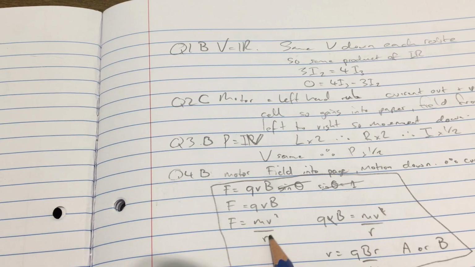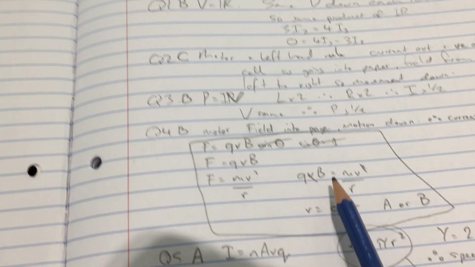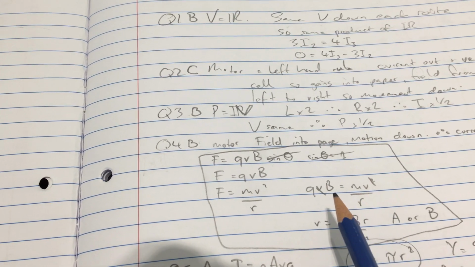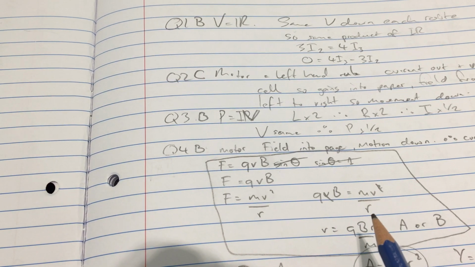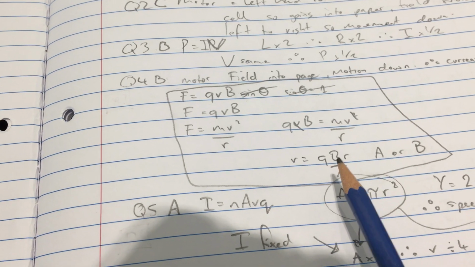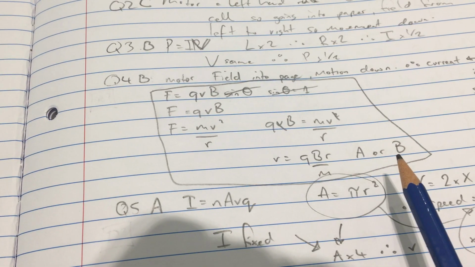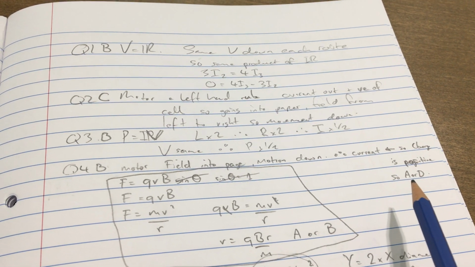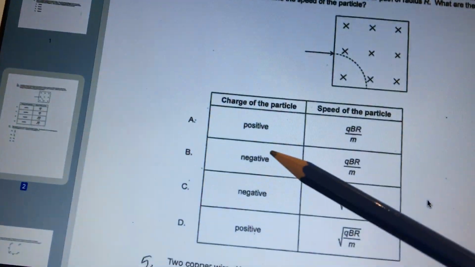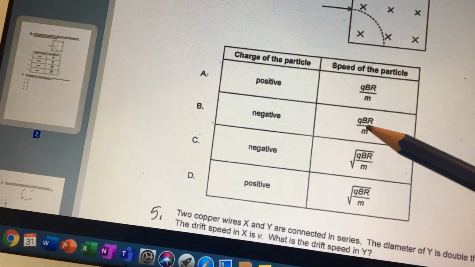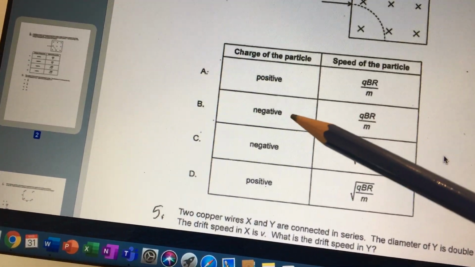I did F equals mv squared over R. Married up the two F's to be QVB equals mv squared over R. Cancelled the V's, we got QB equals mv over R. Rearranged V equals QBR over M. So it was A or B. And then the first bit narrowed it down to A or D, didn't it? The fact that it was negative meant that it was B or C, and then this equation is correct, so it's B. I messed that up a bit then, didn't I?